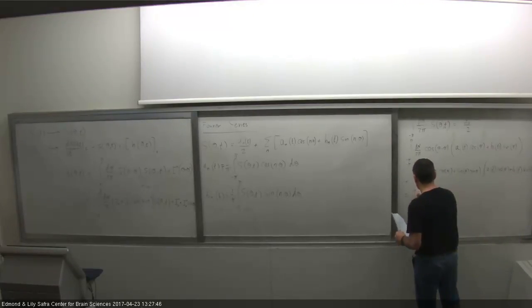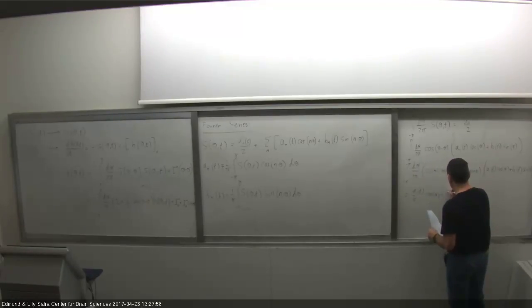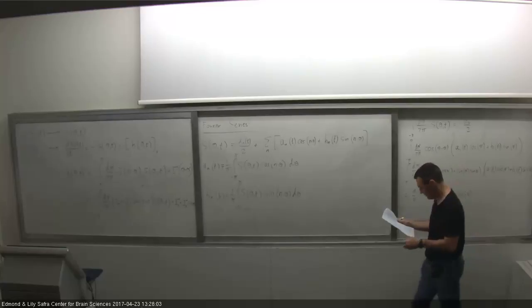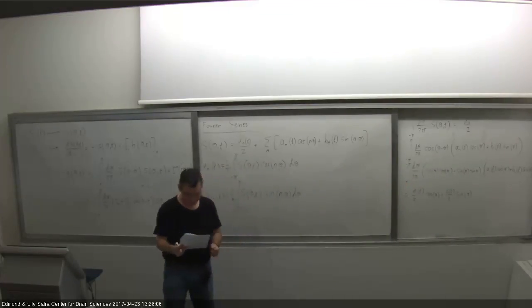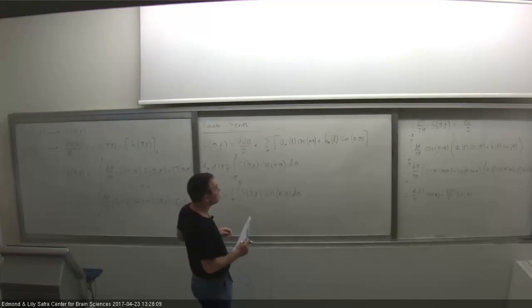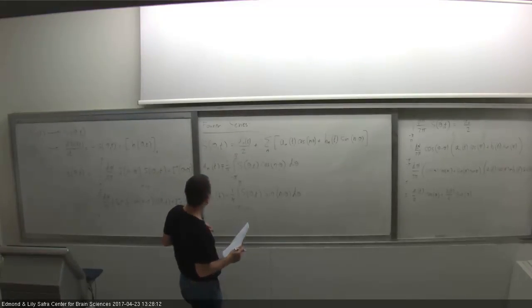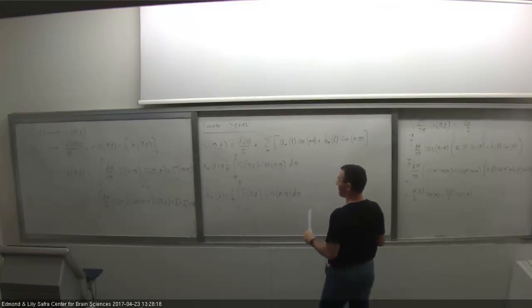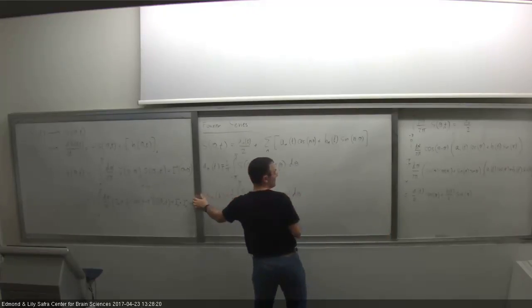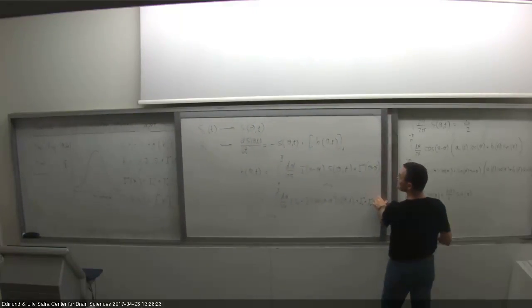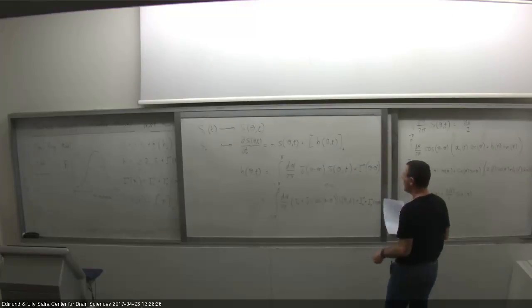And this would give me a1 over 2 cosine of theta plus b1 of t over 2 sine of theta. So more space.